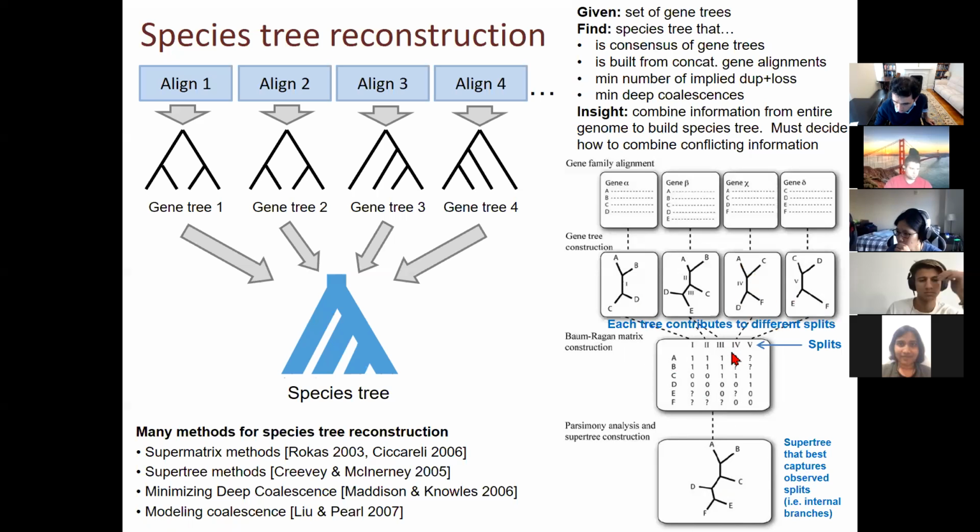You can just simply say, well, how many gene trees were in fact supporting the 1 split or the 2 split or the 3 split or the 4 split or the 5 split, and so on. Based on the number of trees that support each of these splits, you can in the end count the most supported splits, and then place these splits into a tree.